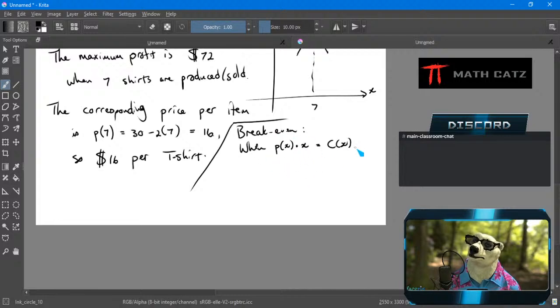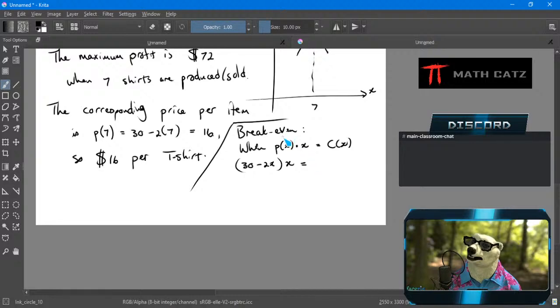Revenue equals cost, meaning profit is 0. So now I have to remember what was the price function, 30 minus 2x, all times x. I should make a new page, shouldn't I? Yeah, this is not going to be enough space, I don't think.